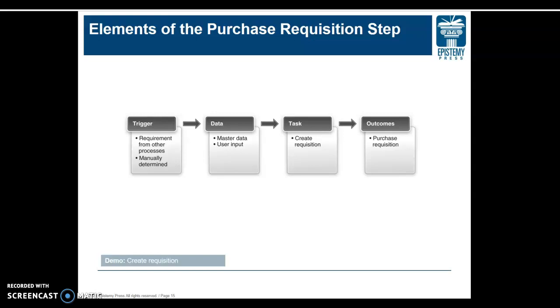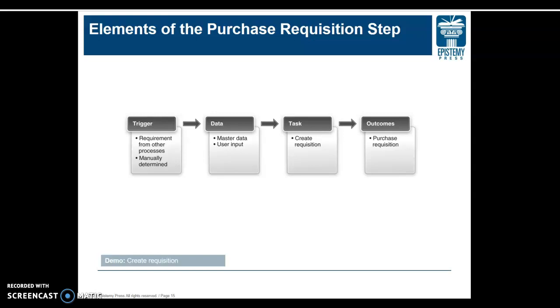So in this step, the trigger of a purchase requisition is, as I said, usually identified through the material planning process or the production process where they need that material to make something. And the need for the materials is documented through a purchase requisition, and this is an internal document.